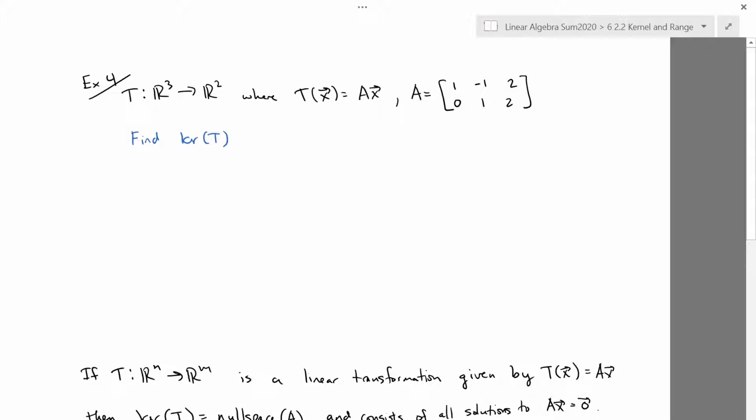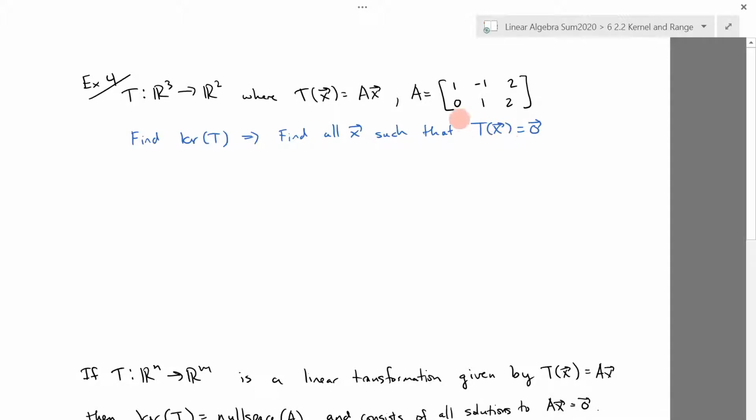Right, so as usual, finding the kernel means to find all vectors x such that T transforms x to the zero vector.